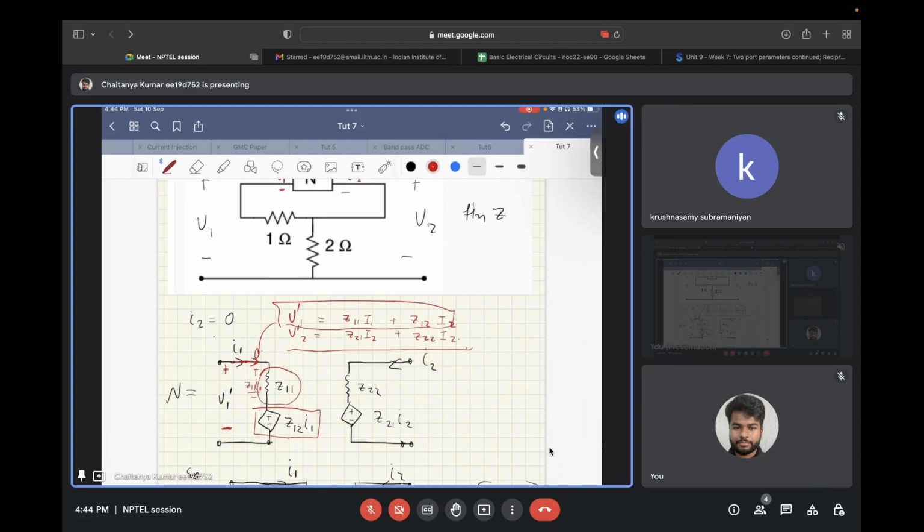So a resistance and a current controlled voltage source in series will give you the equivalent circuit diagram for one port.